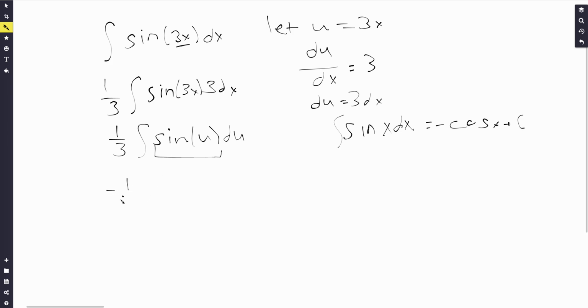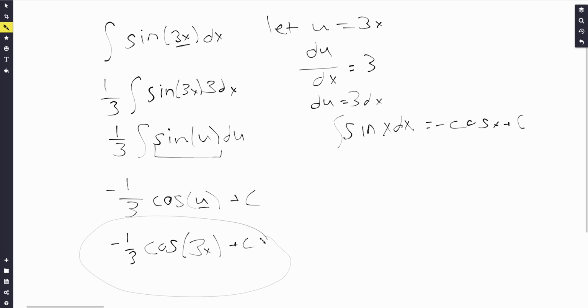The negative would come up front, so it'd be negative 1/3 cosine of u plus c. But we wouldn't be done because we let u equal 3x. So we gotta plug 3x back in instead of u. So the final answer would actually be negative 1/3 cosine of 3x plus c. And that's our final answer for this question.